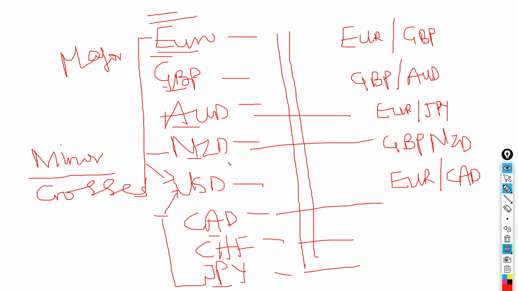So the exotic currency pairs, these are developing countries, countries which are still under development, whose economies are not as buoyant or as strong as the listed currencies right here.